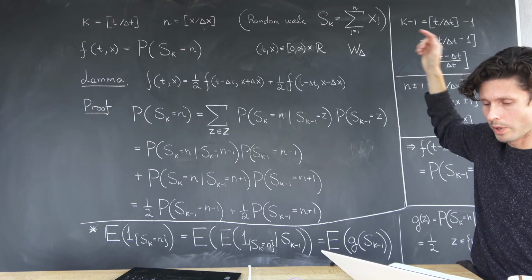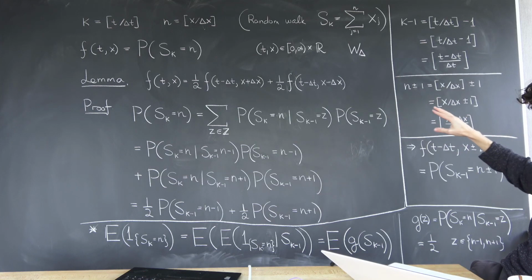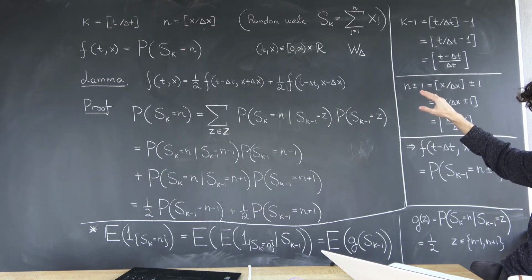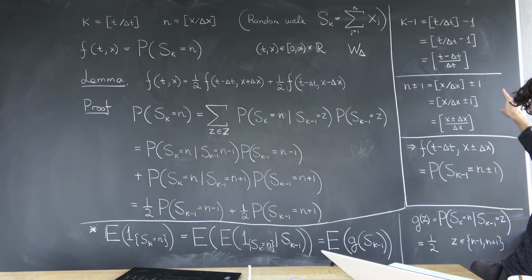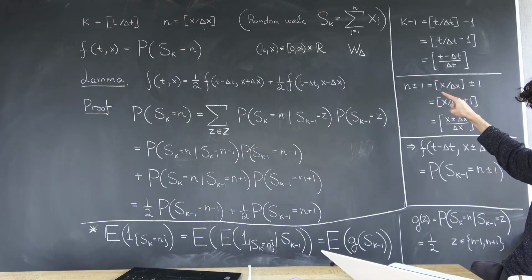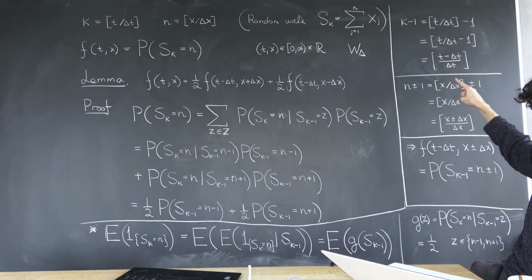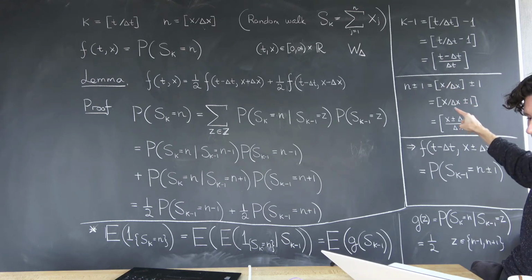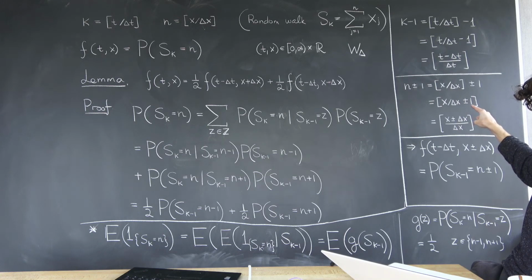So that's step 1. Step 2 is, I do the identical thing. Now I have a plus and minus 1. So this set of steps works exactly as up here, and it works with both the n plus 1 and the n minus 1. So you pick your favorite, let's say plus x over delta x, this is my n plus 1. The plus 1 comes in. The integer part of 3.1 plus 1 is the same thing as the integer part of 4.1.